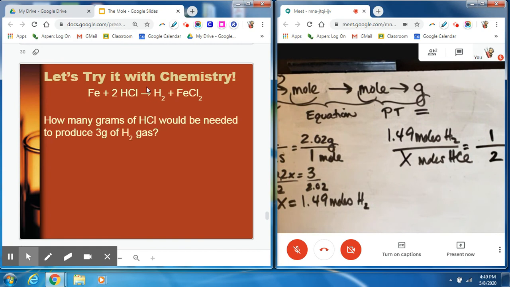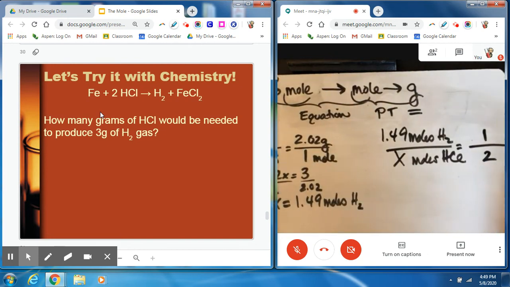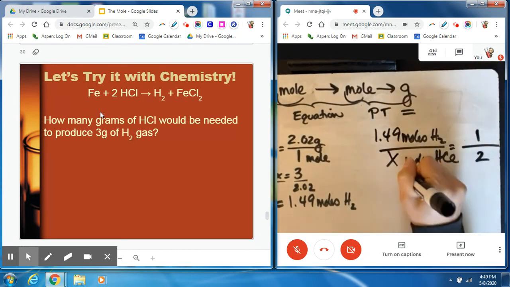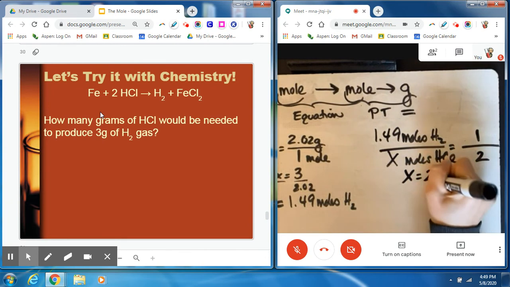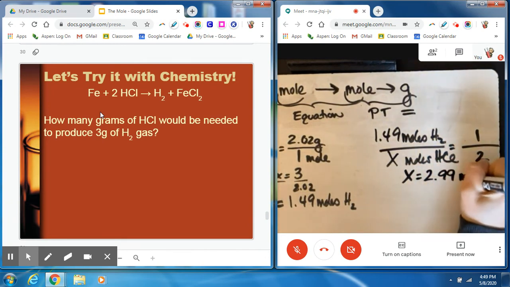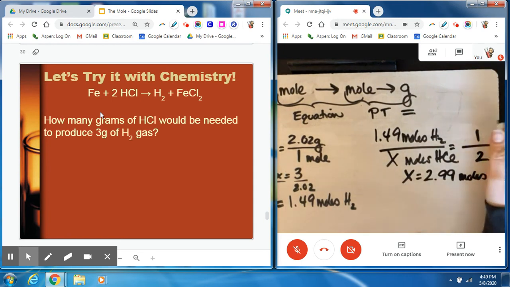So for every 1 mole of H2, we need 2 moles of HCl. Now we can cross multiply and solve for x, and we'll find that we have 2.99 moles of HCl.